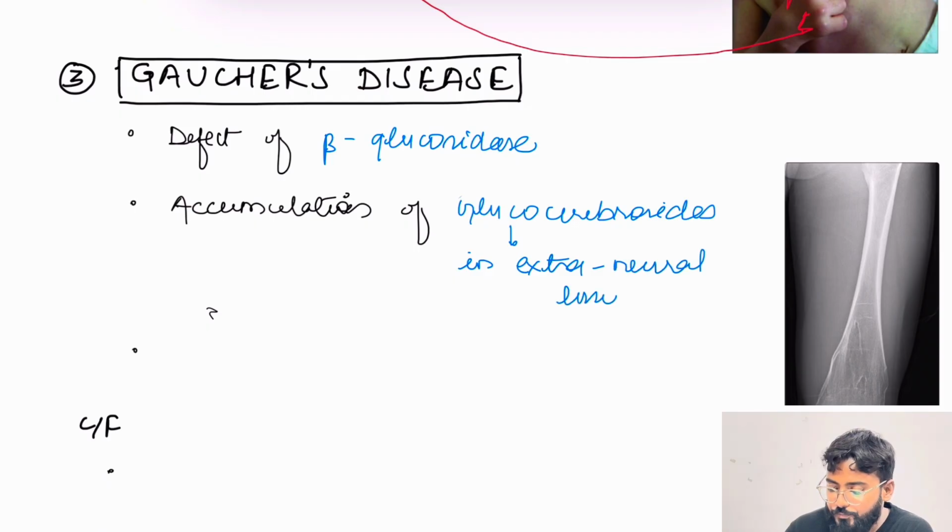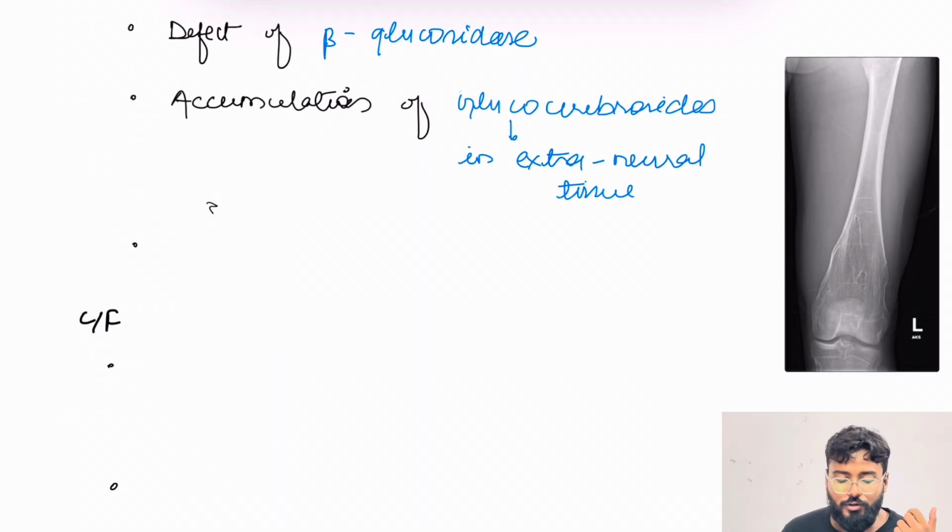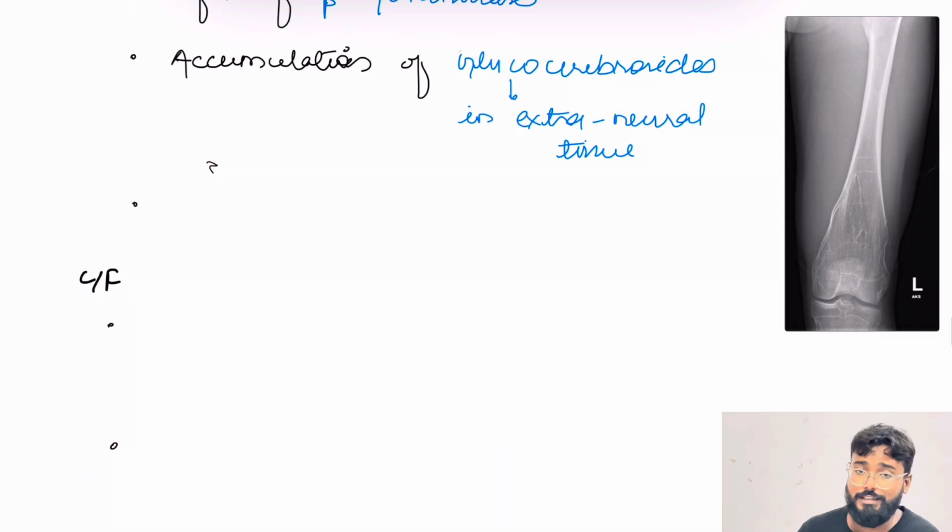Glucocerebrosides are present in extraneural tissue and galactocerebrosides are present in neural tissue. So beta glucosidase is the enzyme responsible for breaking down glucocerebroside, which is present in extraneural tissue. So in this case, you are not going to see mental retardation. Why? Because glucocerebrosides are not found in neural tissues. They are found in extraneural or non-neural tissues.